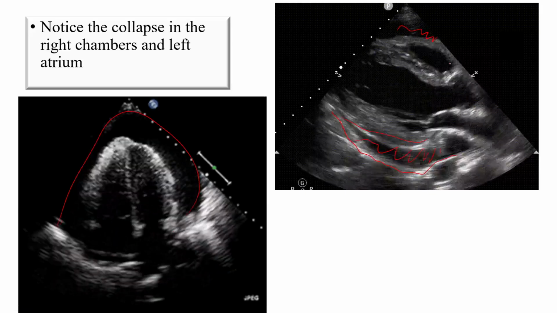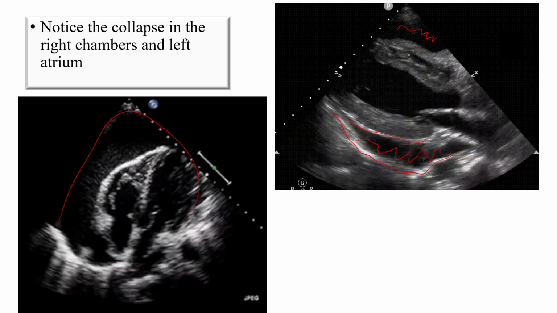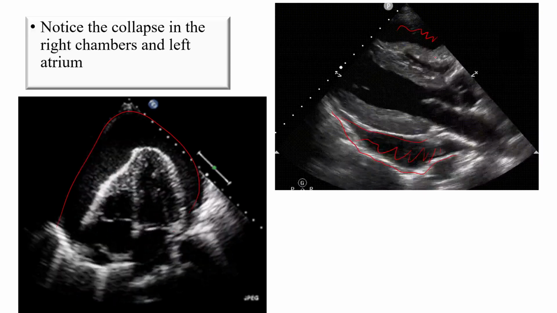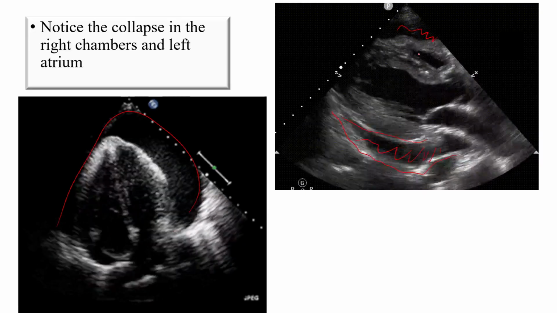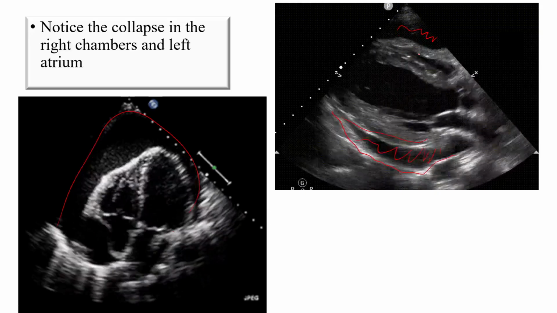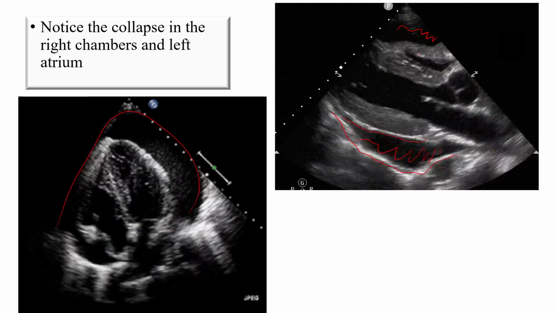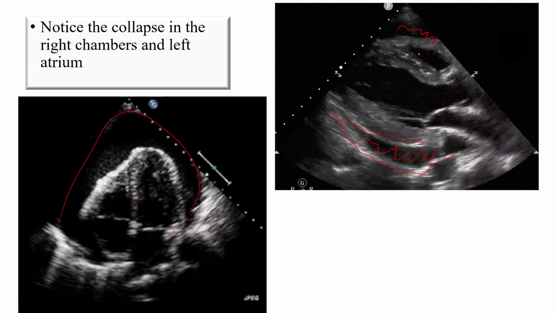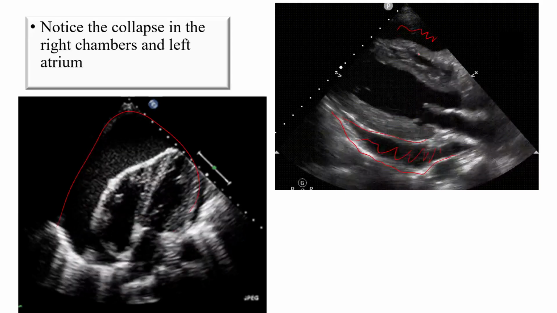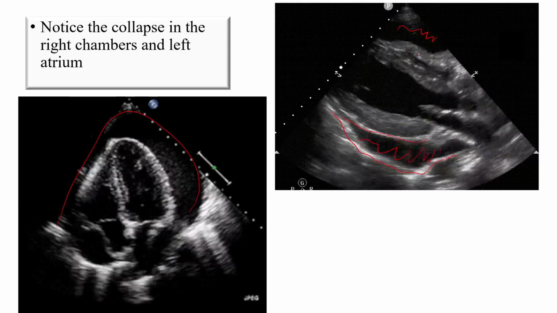So as you can notice, we call this the collapse. When you read about collapse, left atrial collapse or right ventricle collapse or left ventricle collapse, it is very important for you to understand that this is the collapse during diastole from the high pressure.